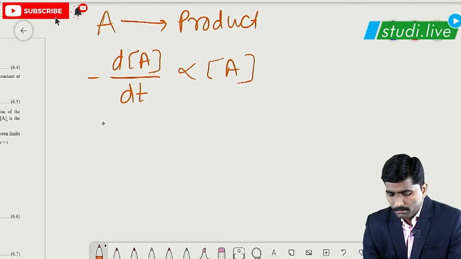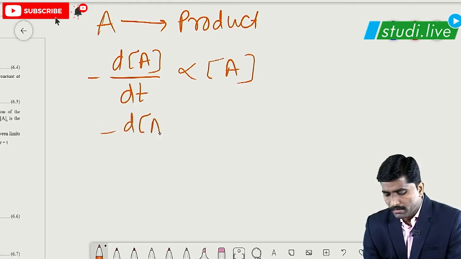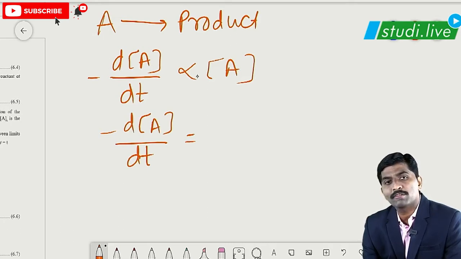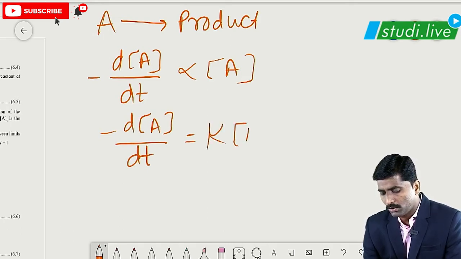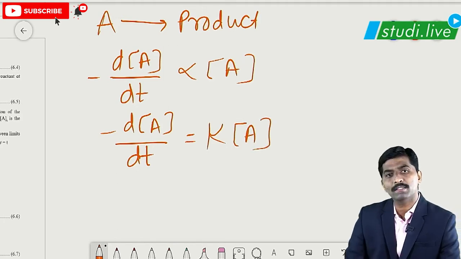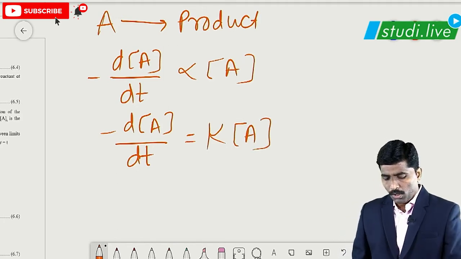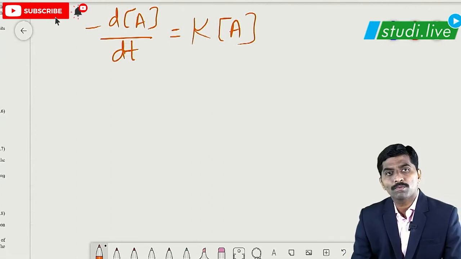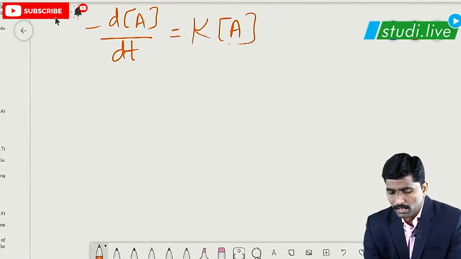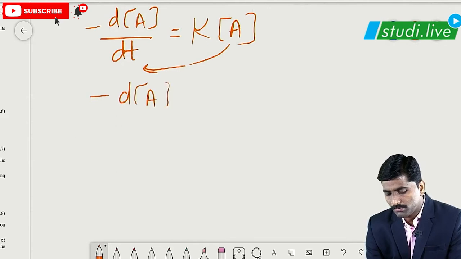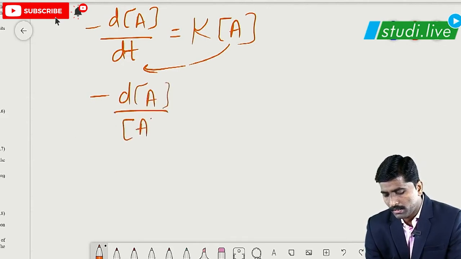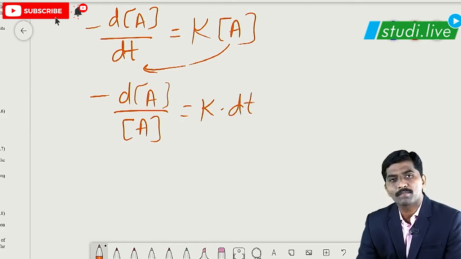So minus dA by dt is equal to, after removal of proportionality sign, rate constant k into A, correct? But on rearranging, I will bring down this A term over here and I will be having minus dA by A is equal to k into dt, correct?